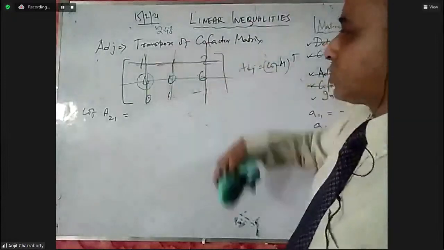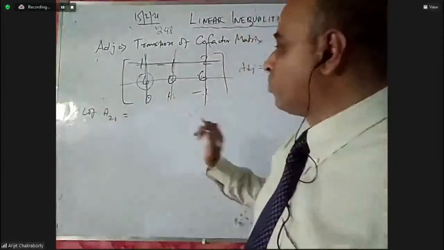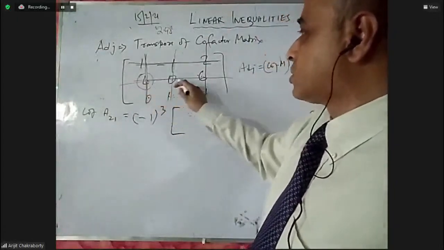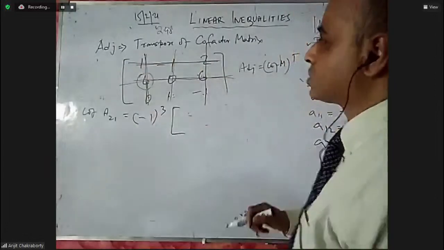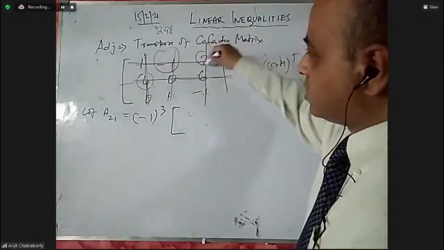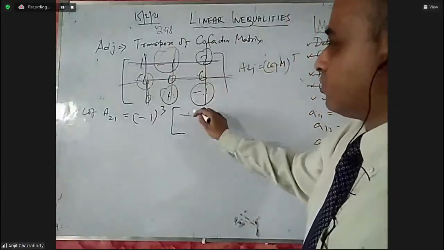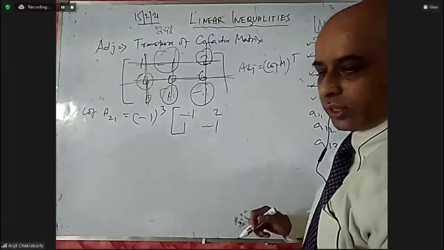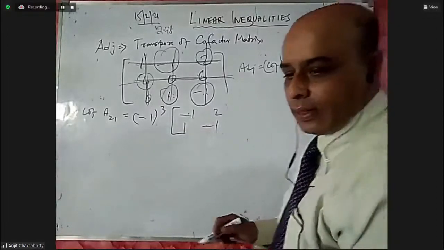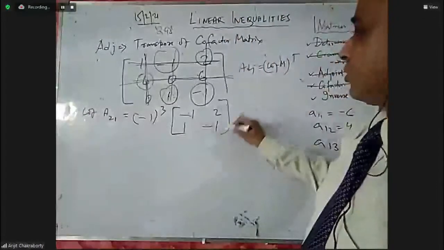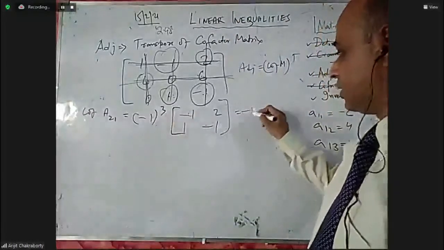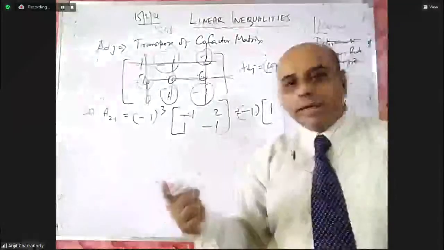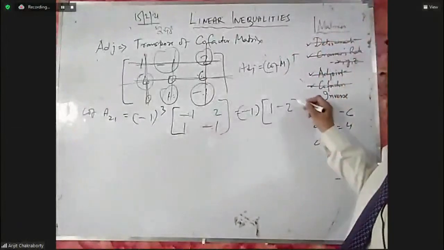This crossing out creates a problem. Cofactor A21, minus 1 to the power cube. This is fine. I'm rubbing out this row and this column, so I'm getting these numbers: minus 1, 2, 1, and minus 1. Minus 1 to the power 3 is minus 1. Minus 1 into minus 1 is plus 1, minus 2 into 1 is 2.